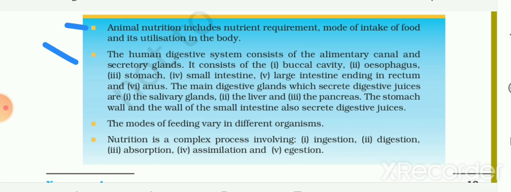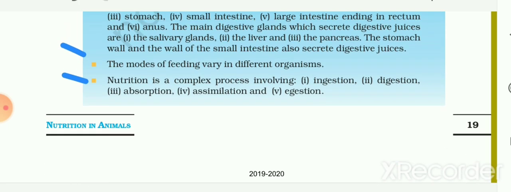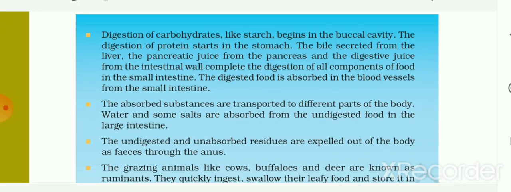Then we saw that the modes of feeding vary in different organisms. Nutrition is a complex process involving ingestion, digestion, absorption, assimilation and egestion. Digestion of carbohydrates like starch begins in the buccal cavity.